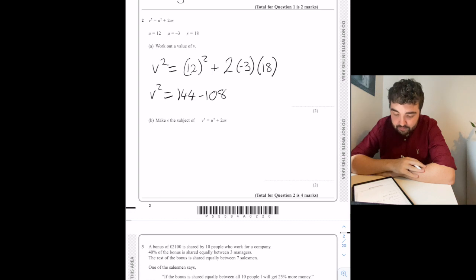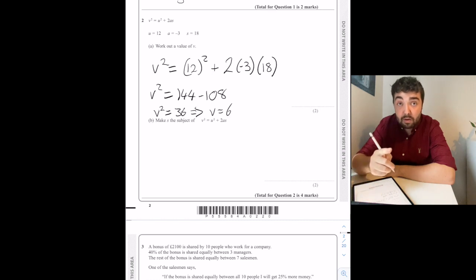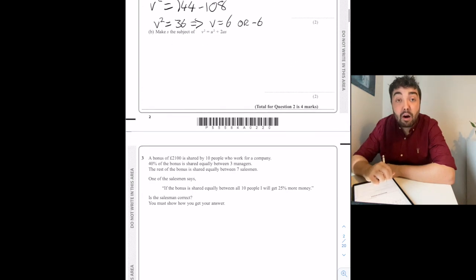And if we do 144 minus 108, we get 36, which confirms that we're correct, because 36 is a square number, so we can root that straight away. So v is going to be equal to 6, or, don't miss it out, minus 6. Don't miss out the minus 6, because I will be angry.